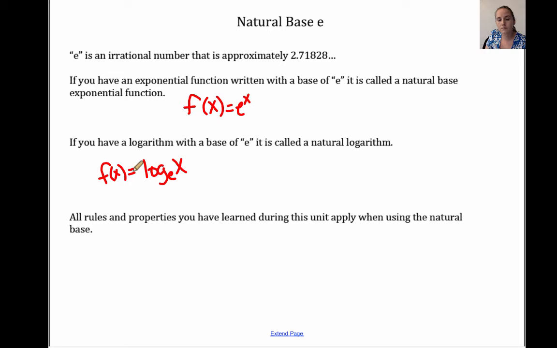Now, the thing is, we don't write log base e. There is a more appropriate way to write it, so if it's log base e, you will always see it written as ln. That is understood to be log base e.